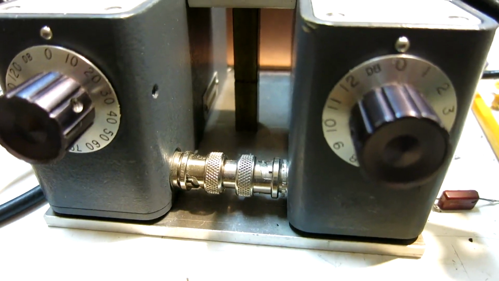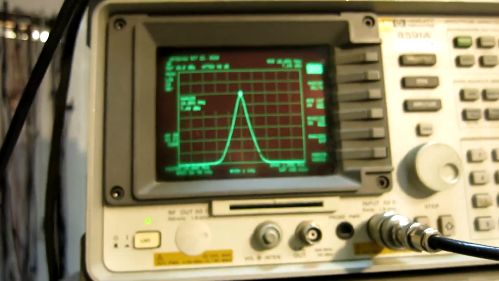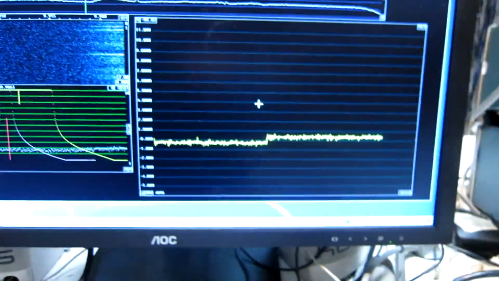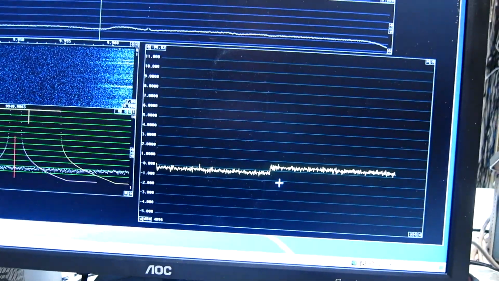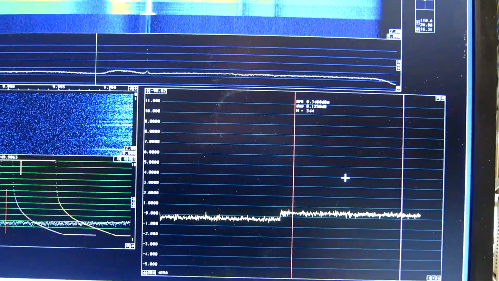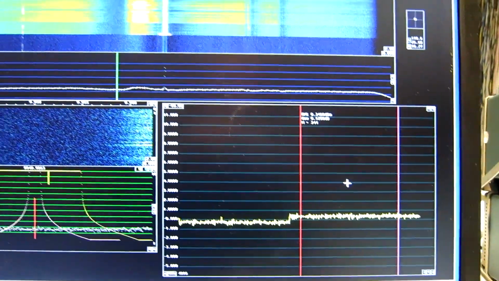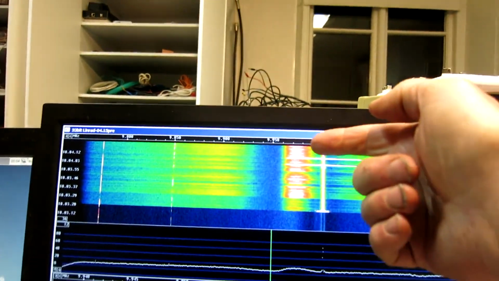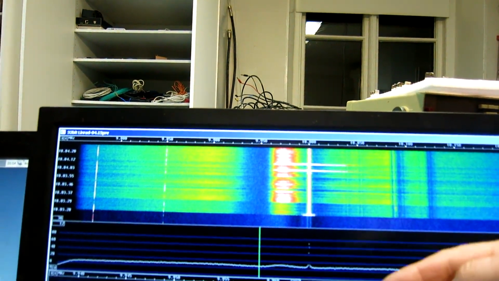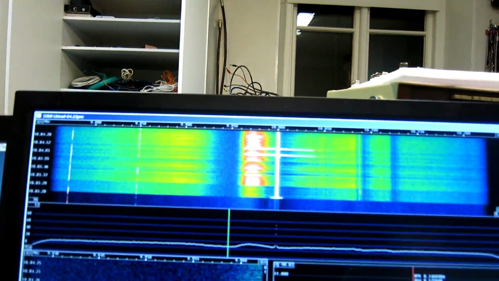There is no attenuation, and then the signal level is 7.5 dBm. The noise floor is stable at a level of 0.34 dB. And I can see there are some problems with the local oscillator, but because of the very deep notch, it doesn't affect these measurements.